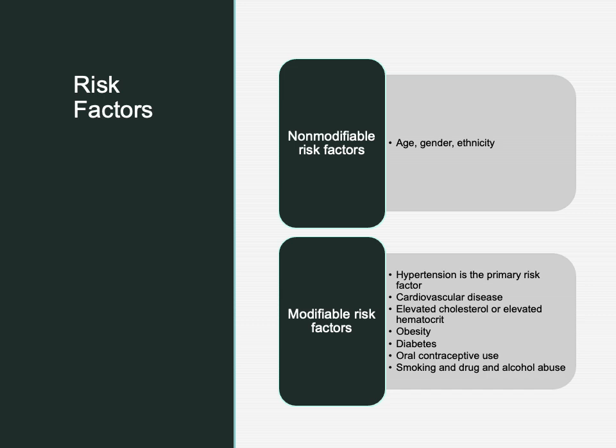Risk factors, I love a good risk factor chart. Thinking about modifiable versus non-modifiable: age, gender, ethnicity. But again, there's a good chart in your book about it. Thinking about modifiable risk factors for stroke: carotid stenosis, do they have AFib?